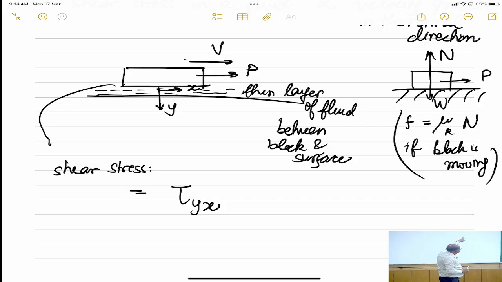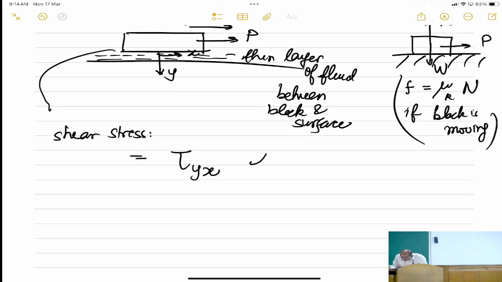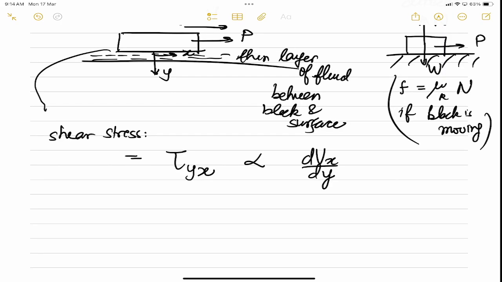What Newton's law of viscosity says is that this is proportional to dvx by dy. The velocity is in the x direction and you take the gradient in the direction perpendicular to the surface. So the shear stress is proportional to dvx by dy.